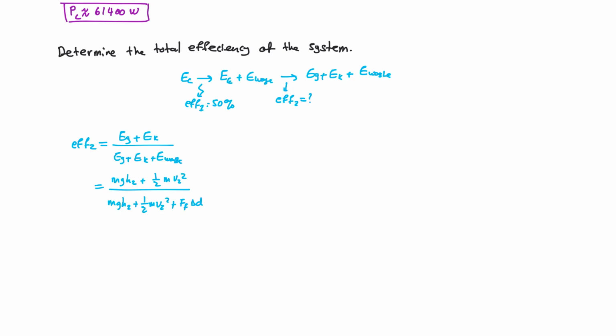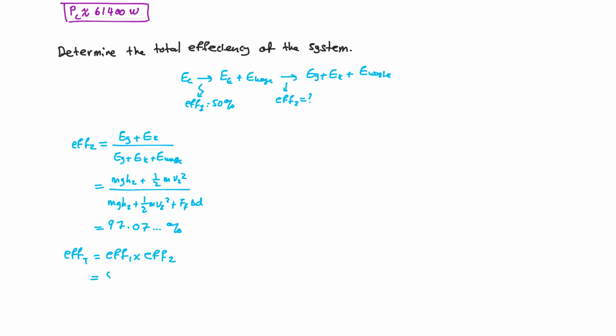So putting all the values in, we will end up getting approximately, or I'll just write the value as exact as possible, 97.07% here. And the total efficiency is going to equal efficiency 1 times efficiency 2.